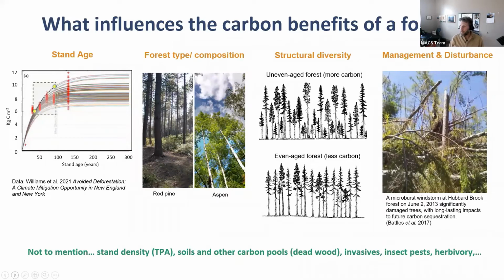Here, I'm showing a fairly dramatic picture of a microburst that happened at Hubbard Brook almost 10 years ago. You can see it really impacted the ability of that stand to sequester carbon directly after that storm happened.